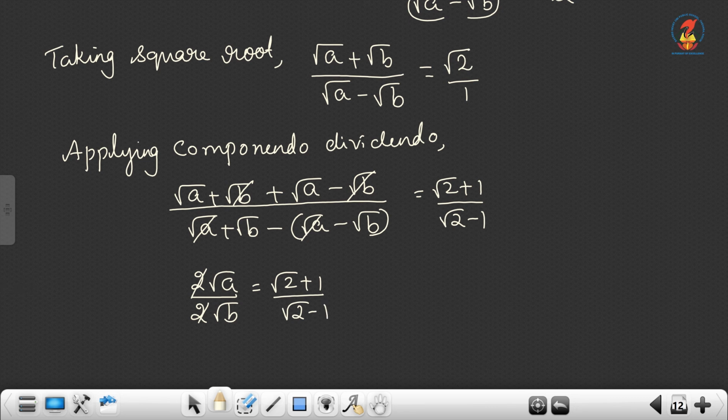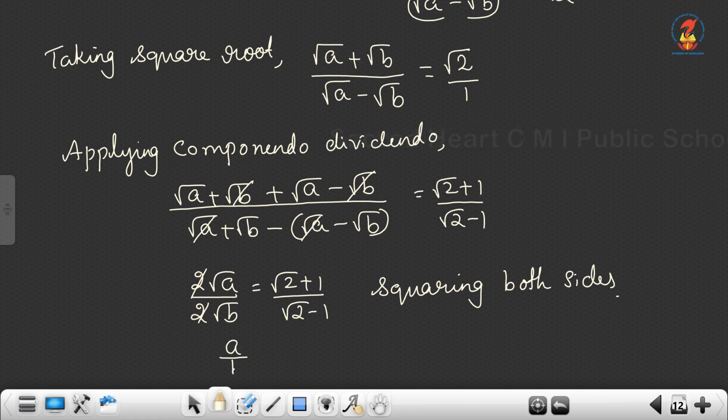Now for getting a and b we have to square. So squaring both sides. So we get a by b is equal to root 2 plus 1 whole square by root 2 minus 1 whole square. Now expand the right hand side.